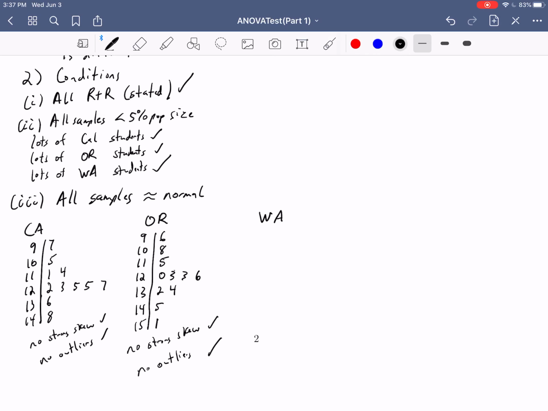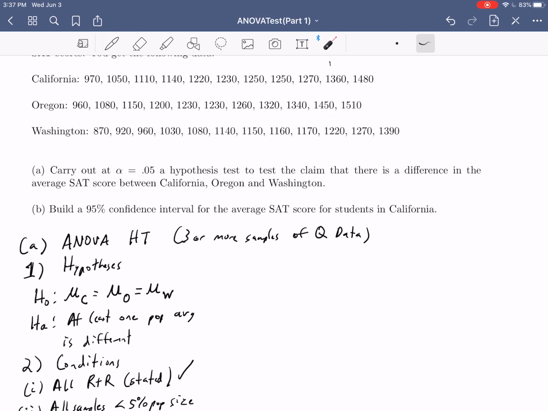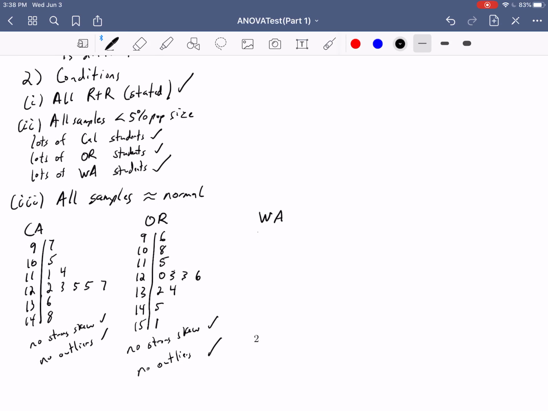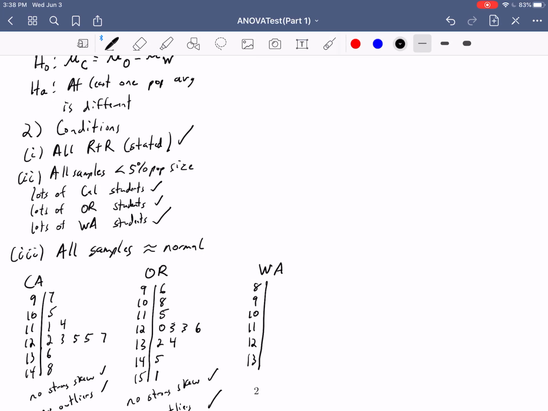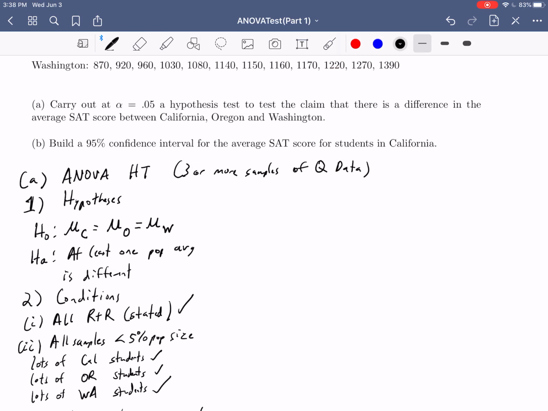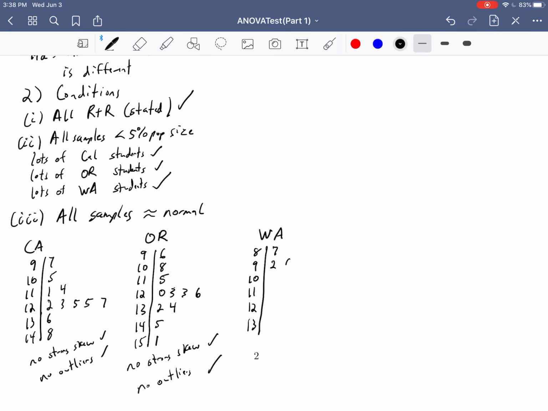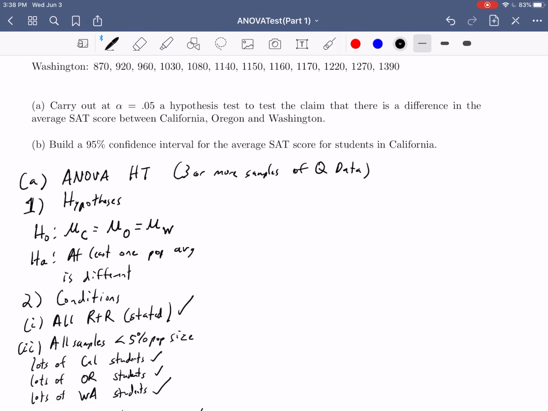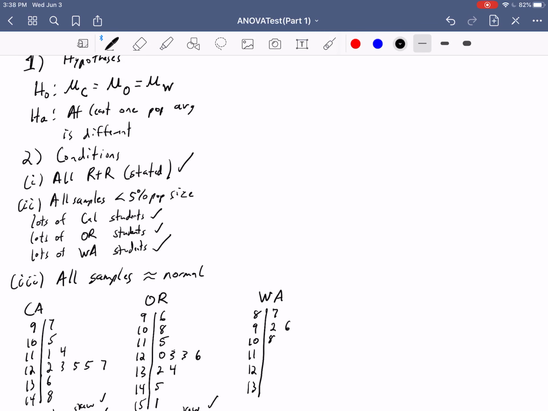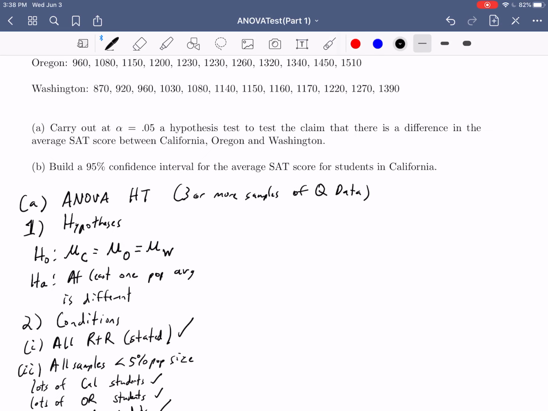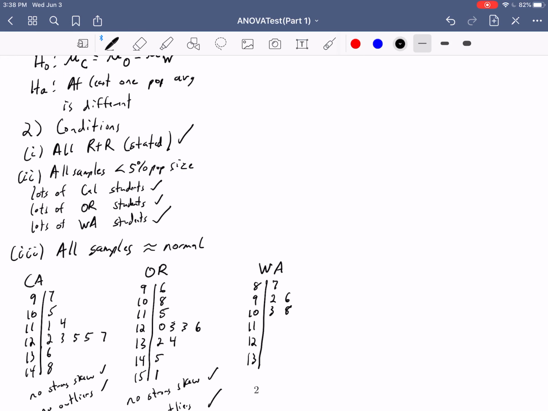Finally, we can go ahead and do the data from Washington. Looks like we'll need a stem of 8 up to a stem of 13. So we'll have 8, 9, 10, 11, 12, and 13. And looks like we've got 870, then we've got 920 and 960, then 1030 and 1080, and then 11, 40, 50, 60, and 70, so 4, 5, 6, 7.